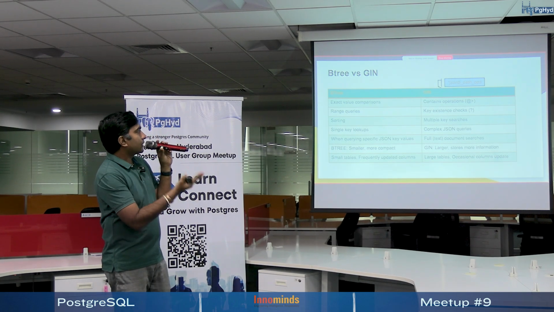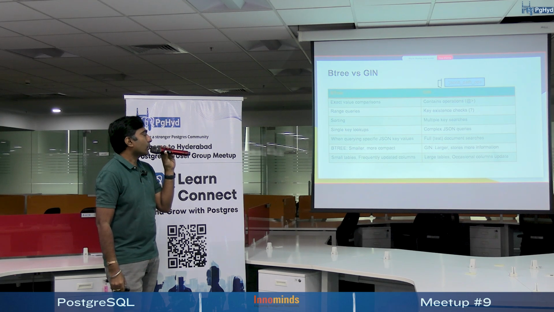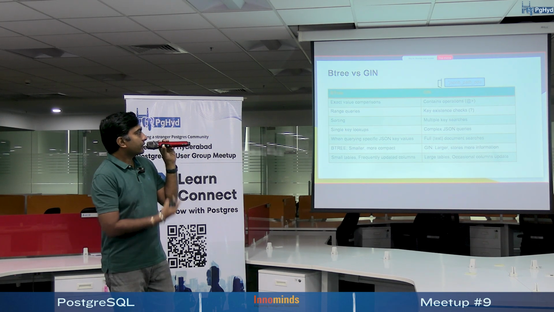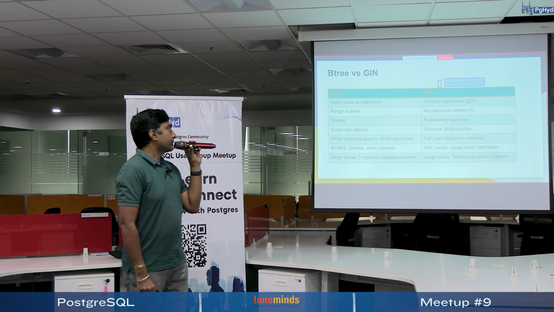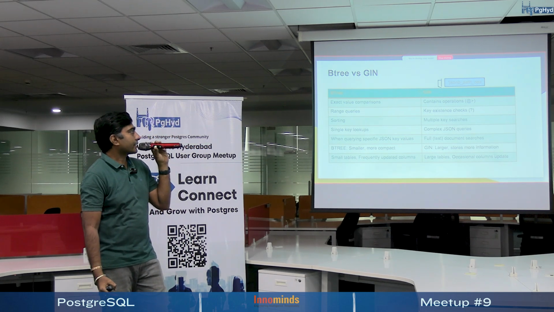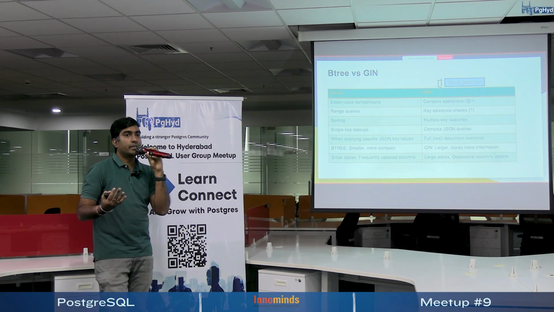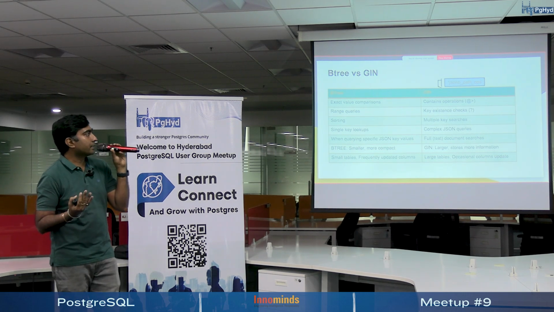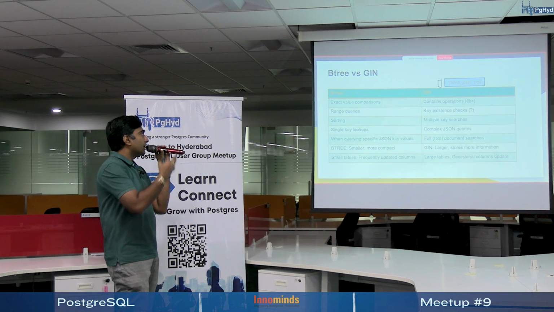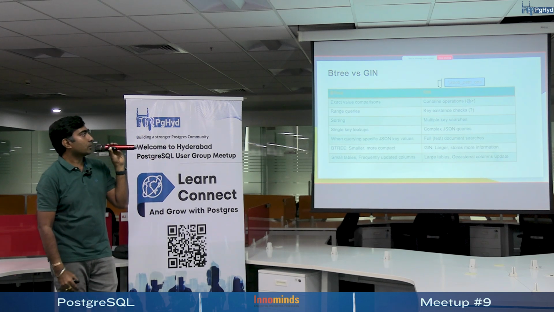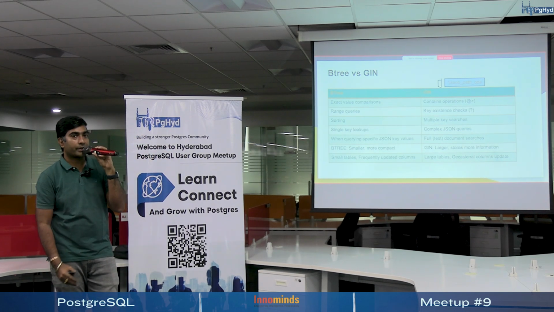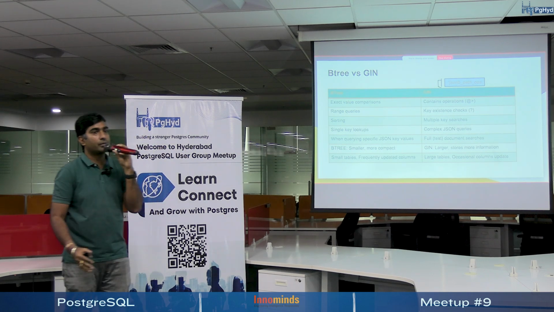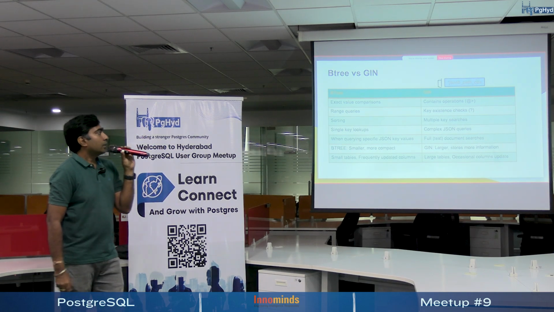On the other side, for the GIN index, if you happen to perform the contains operators, the GIN index is the right candidate for that, and for key existence checks. So hopefully the people who work with JSON and JSONB, if they widely use it at the application level, can understand why these contains operators and key existence checks perform well through the GIN index.